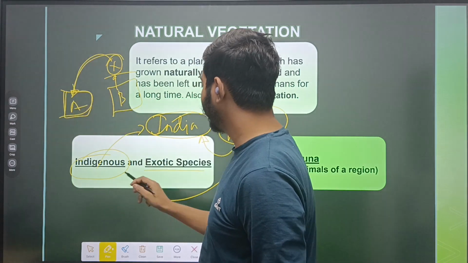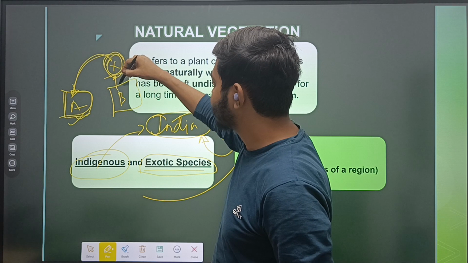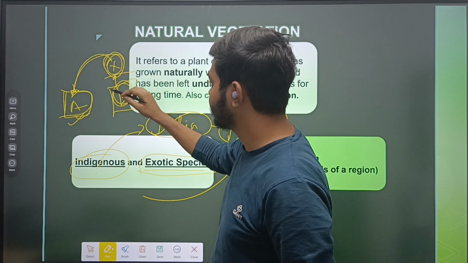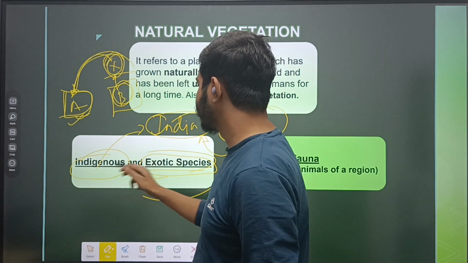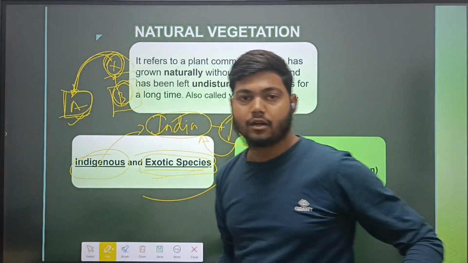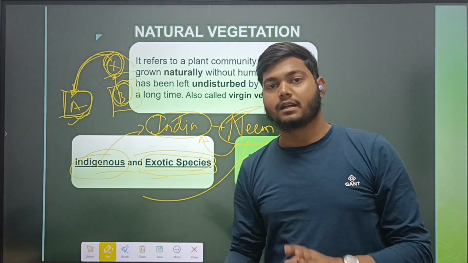Then this plant will be called an exotic species for this region. This plant X is indigenous to region B, but when it is brought to A, it will be called an exotic species. I hope the difference between indigenous and exotic species is clear.